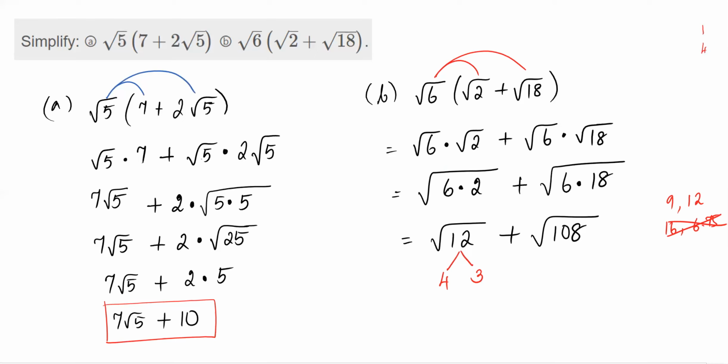These are the perfect roots, right? 9, 16, 25, 36, and so on. I'm just basically hunting for the highest power. So I know 25 won't work because it's 108, right? I tried 16, 16 didn't work. But I tried 36, and 36 works like a charm because even though you have 9 and 12, 36 is the highest perfect root you can find. So that's 36 and 3.